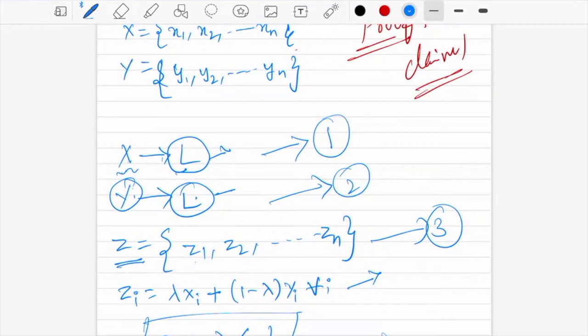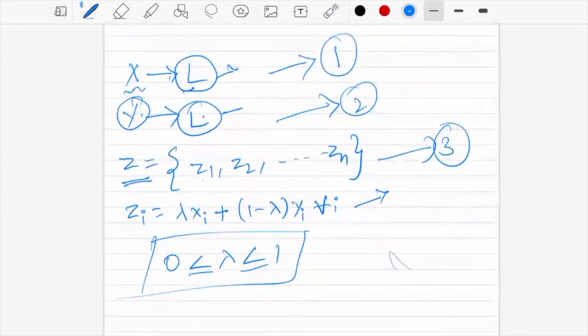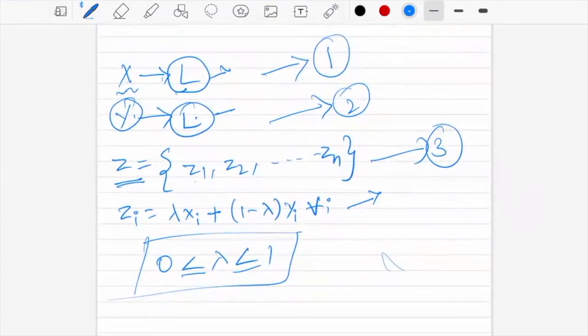Why I have given the lambda value between 0 and 1 is because in the above equation, if I substitute lambda as 0, then I'll get only the y coordinate value. If I substitute this as 1, I'll get only the x coordinate value.